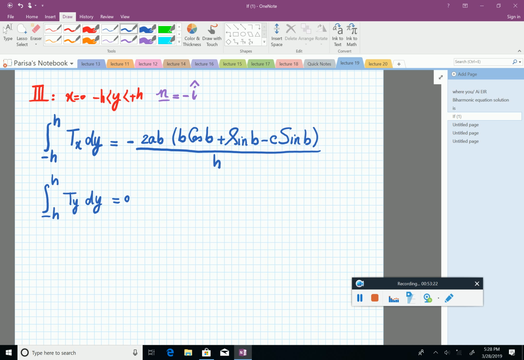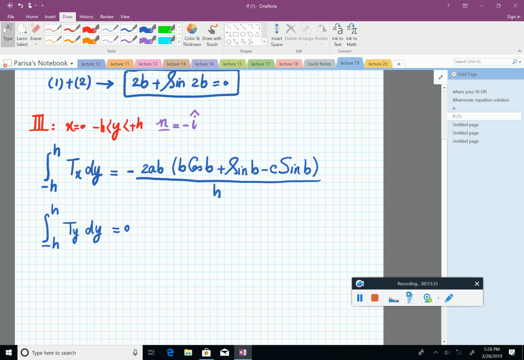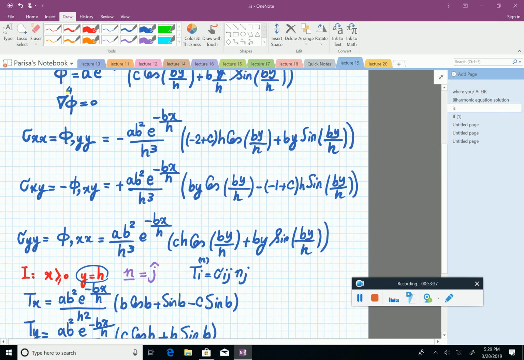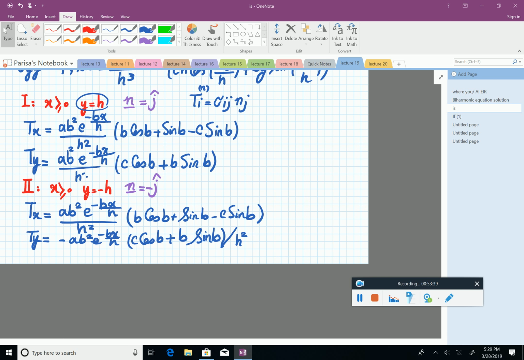Now, take a closer look at this equation for the integral of tx and compare it to what we had before for 1 and 2. What do you see?